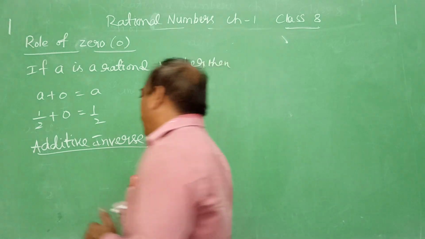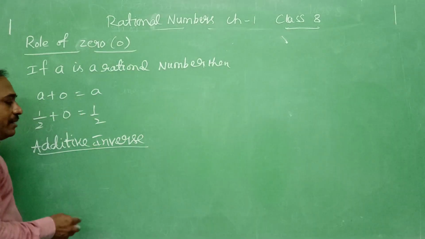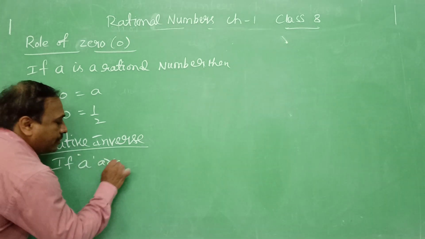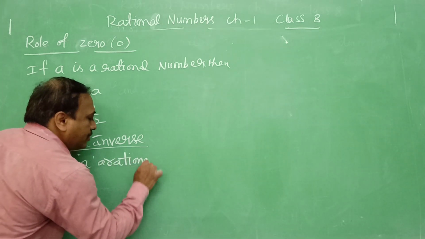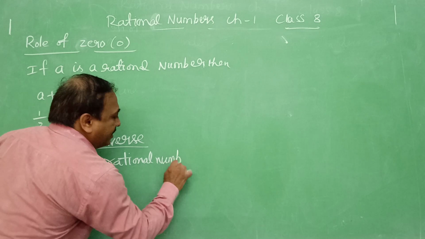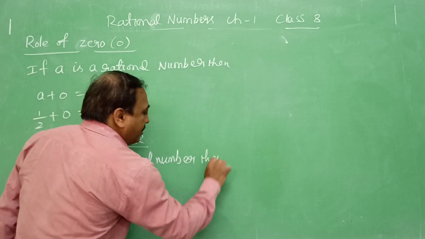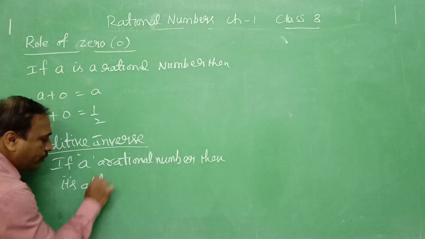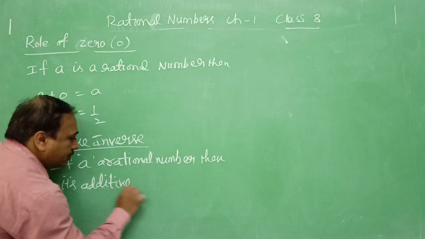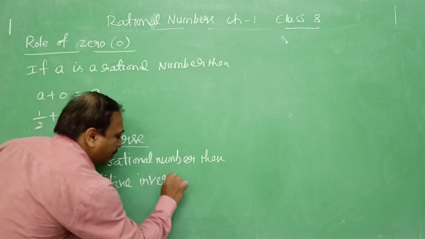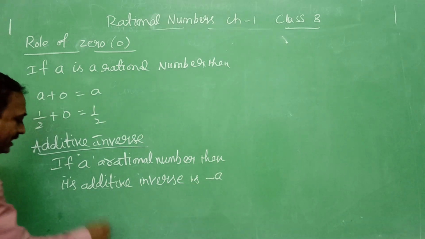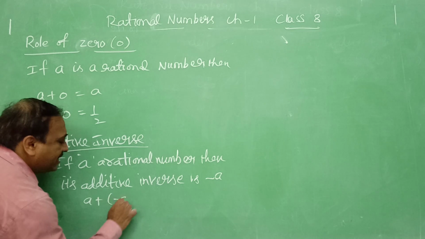So if A is a rational number, then its additive inverse is minus A. That means A plus of minus A is equal to 0.